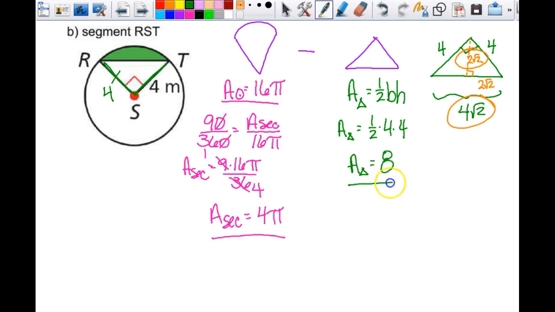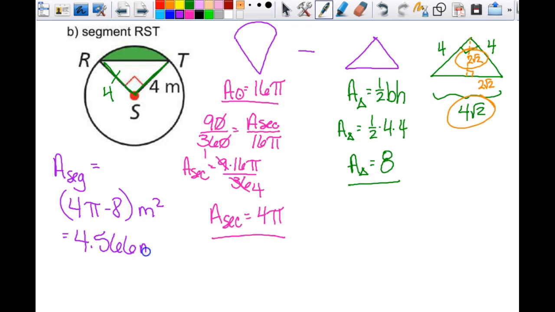Then what do I do with these things? Subtract them. So the area of the segment is equal to 4 pi minus 8. I need my parentheses, meters squared, and that is 4.566 meters squared.